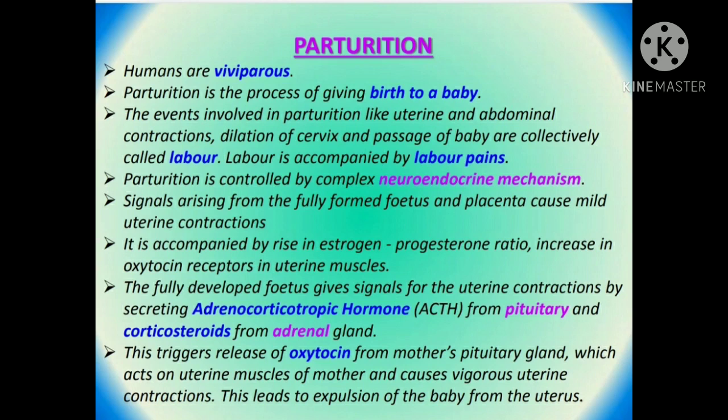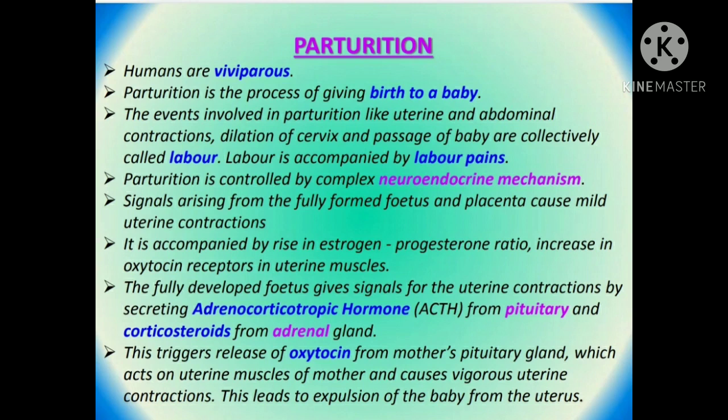These trigger release of oxytocin from the mother's pituitary gland, which acts on uterine muscles of the mother and causes vigorous uterine contraction. This leads to expulsion of the baby from the uterus.